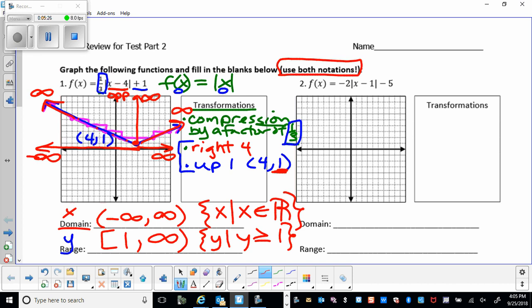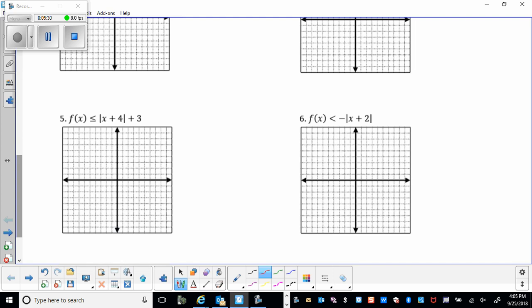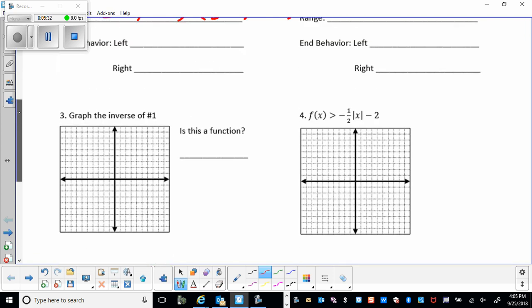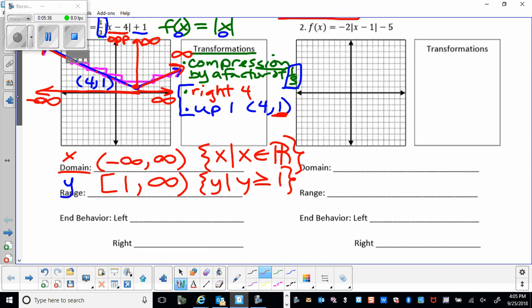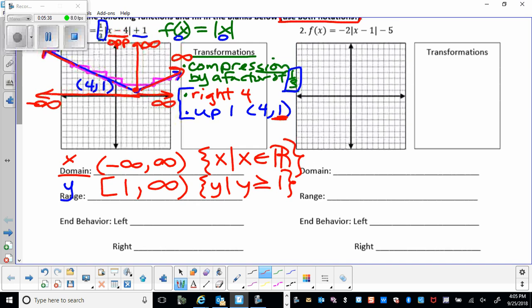All right, and the next thing I can say about this is talking about the end behavior. The ends are right here, just like it says. Well, this end is going to positive infinity, and this is going to positive infinity. Both ends are going to positive infinity.